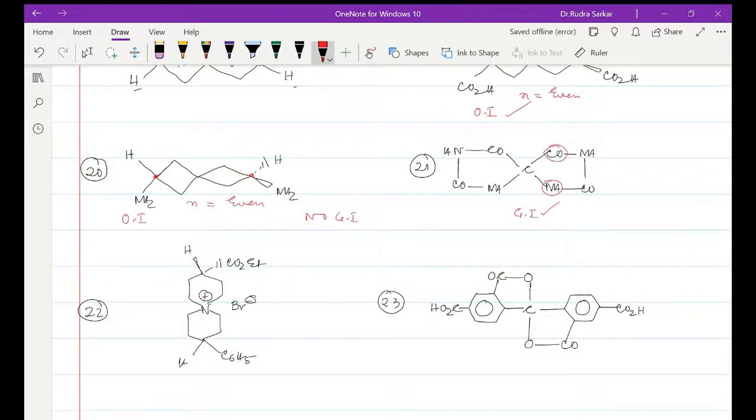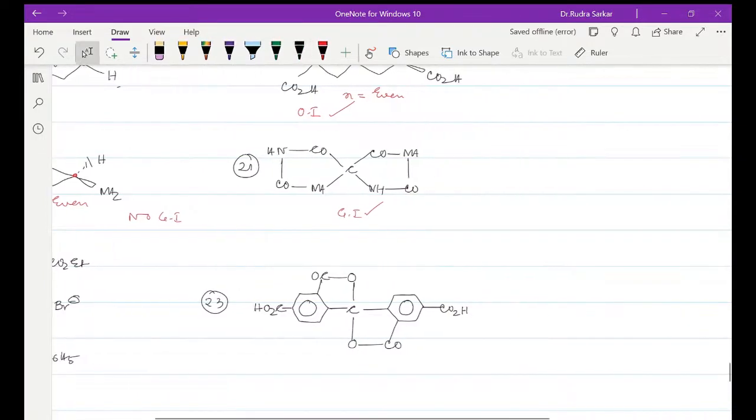So that means there can be another molecule which I'm going to draw for you, in which the NH groups are lying opposite to each other and the CO groups are also lying opposite to each other.